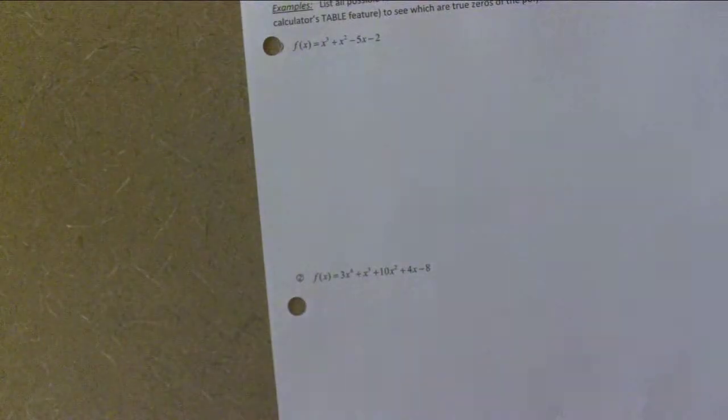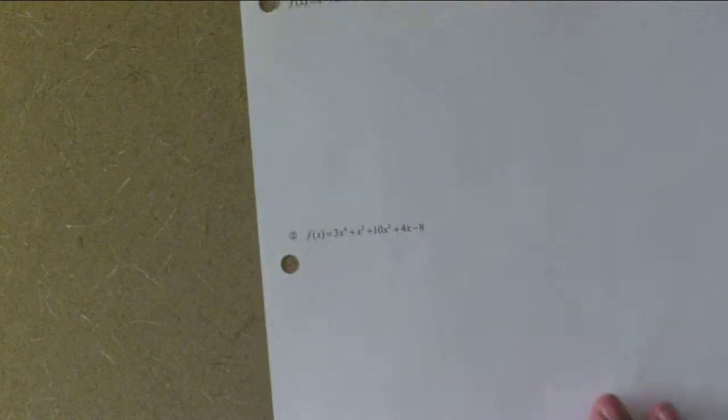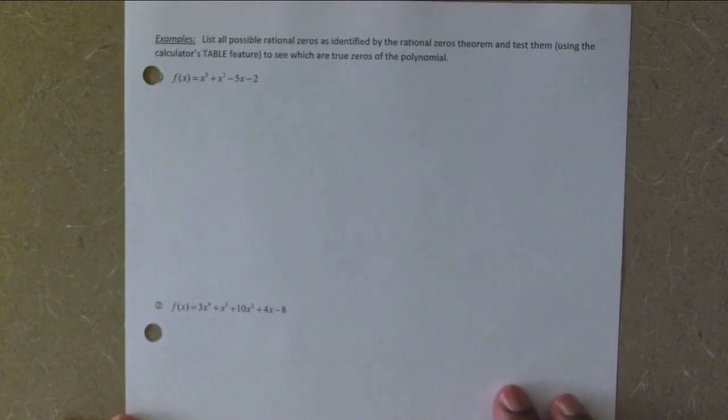So now, we need to go on to page 101. Now it says, list all possible rational zeros as identified by the rational zeros theorem and test them using the calculator's table feature to see which are true zeros of the polynomial.